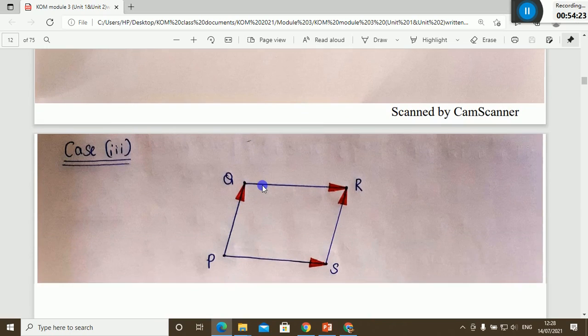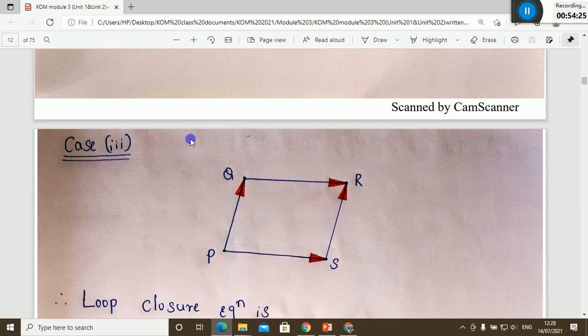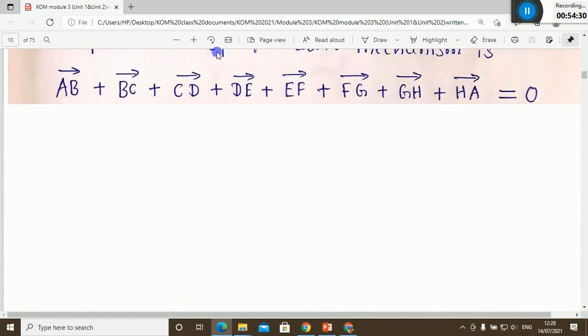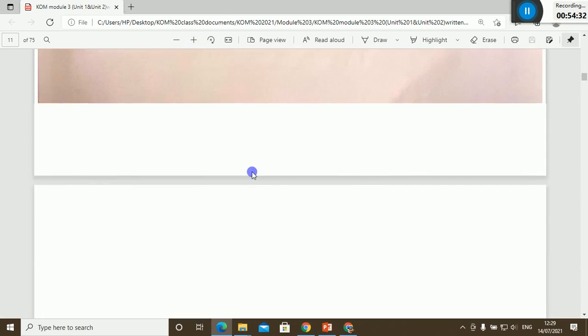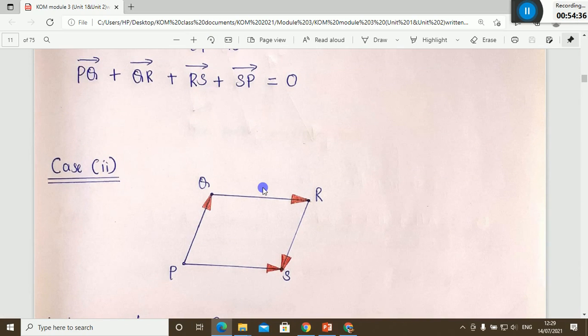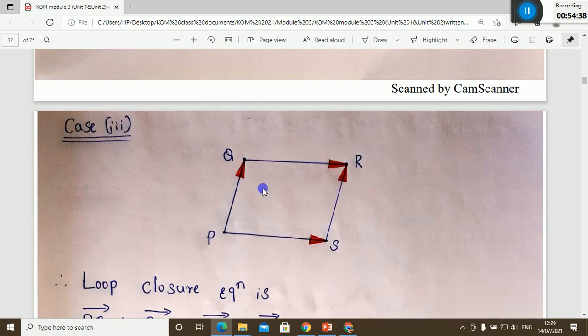And I'll take the last case. Yeah, so please note this, case 3. I've changed the direction of the vectors. You can take any direction, and you'll get the same final answer.